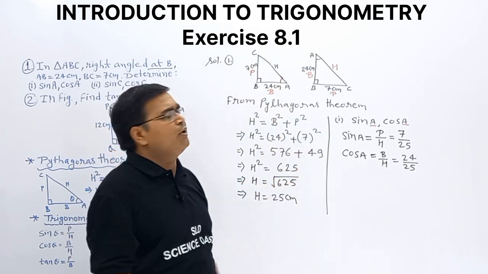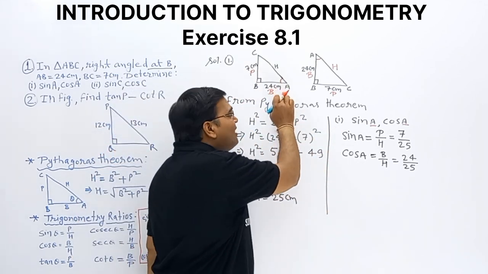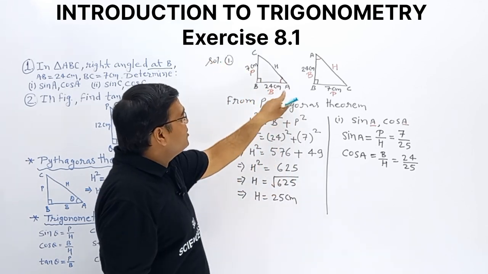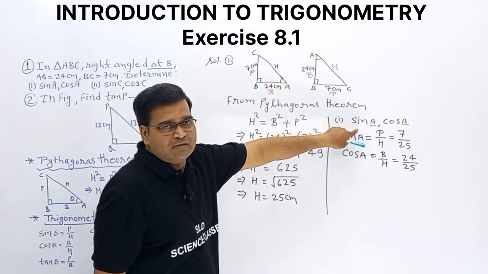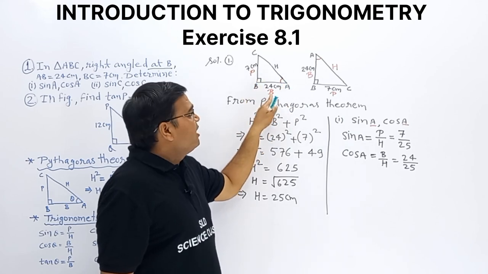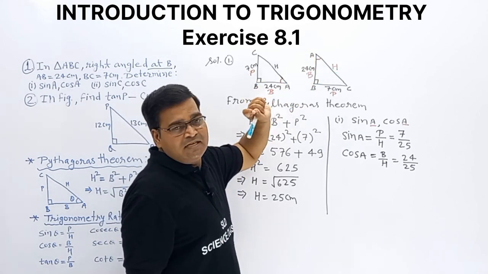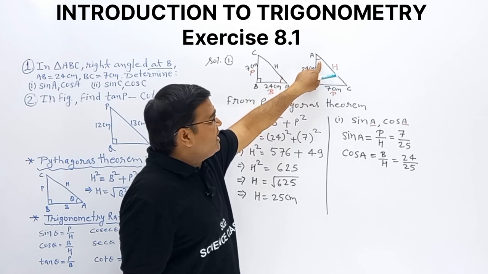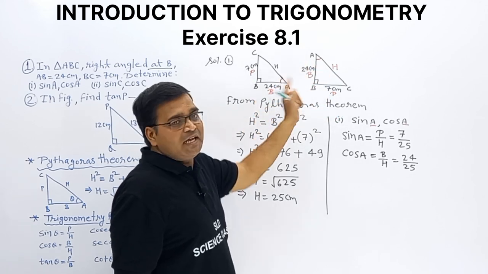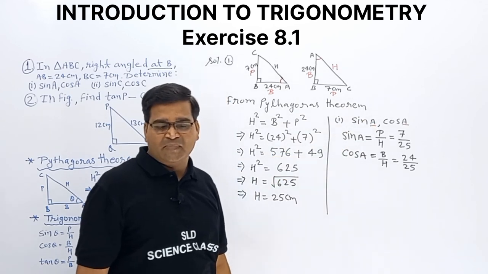These lines are very important. Once this is the acute angle for this question, this will be perpendicular and this will be base. And once we consider A as the acute angle, its opposite will be perpendicular and its adjacent will be base. In both cases, we are getting the same answer.